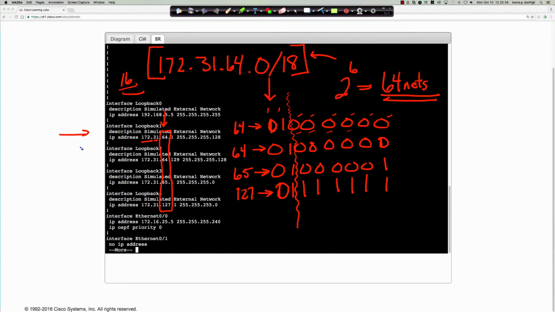However, how many networks are we actually responsible for here? Exactly. We're actually only responsible for 4 networks. So there are 60 networks which this summary could possibly attract traffic for that we just don't have.